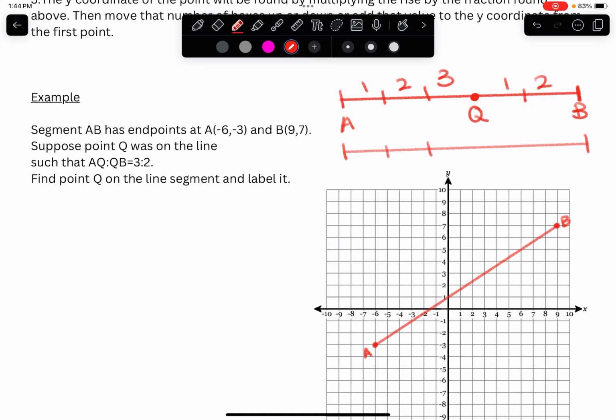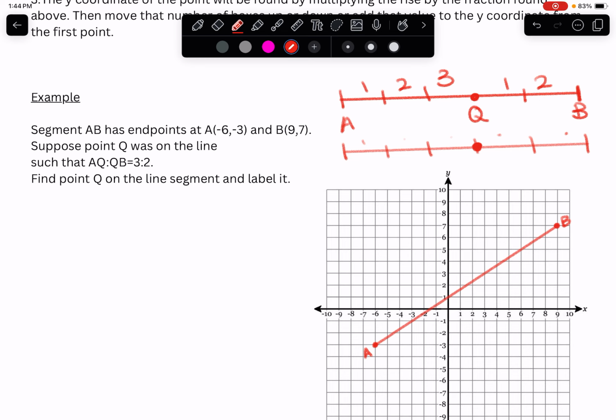1, 2, 3, 4, 1, 2, 3, 4, 5, and saying that we want to find the point that splits us into 2 groups, one of 3 and one of 2, right?